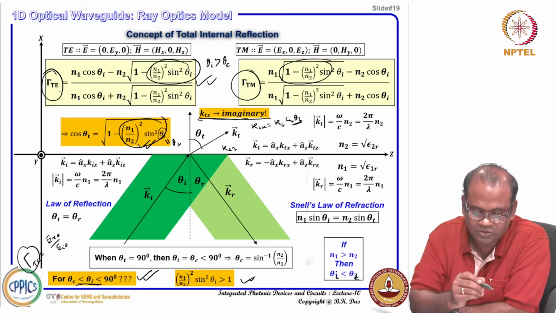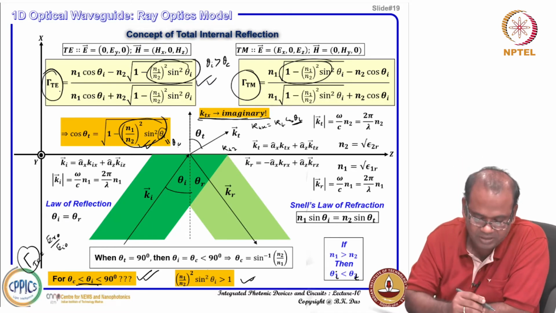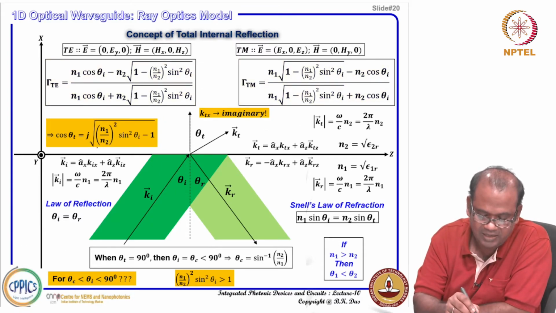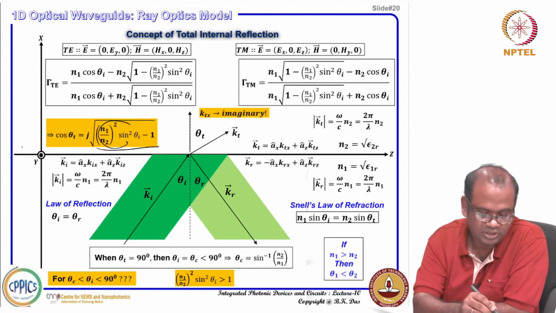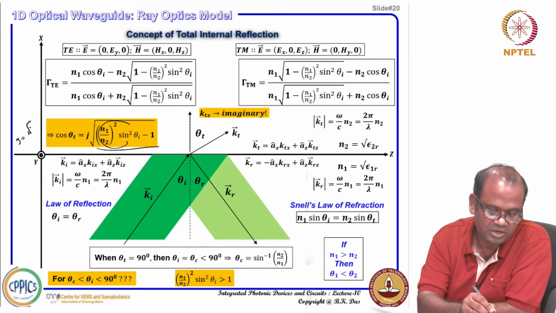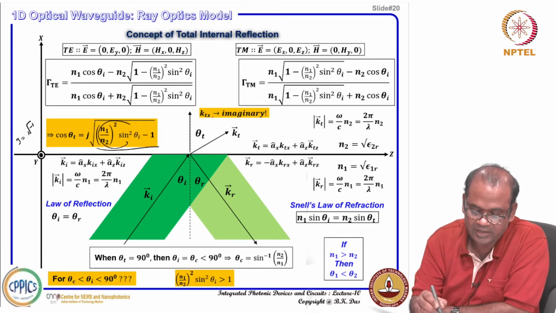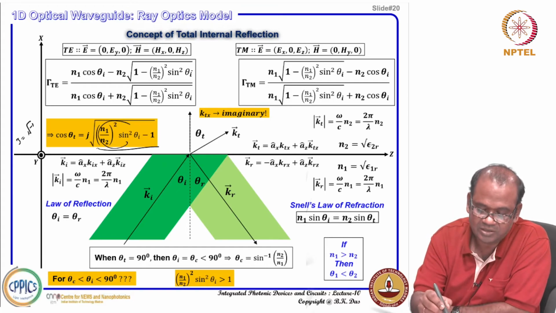So, what happens to gamma t? How to calculate gamma t? If I work a little bit on it, you see cos theta t I can write like this, because this one is greater than 1, I have just taken j outside, j equal to square root of minus 1. So, if ktx is imaginary, I can write this for theta I greater than theta c in complex form.